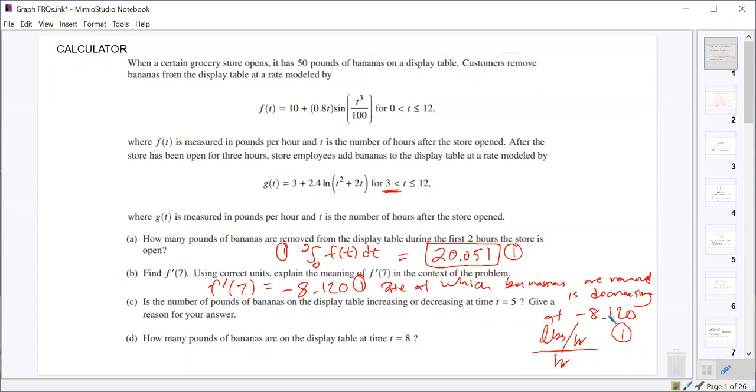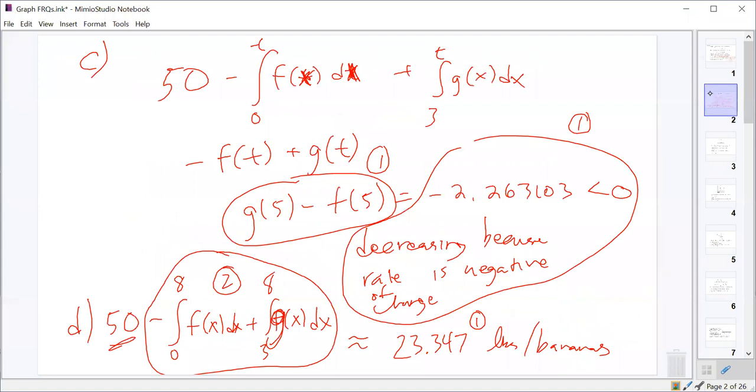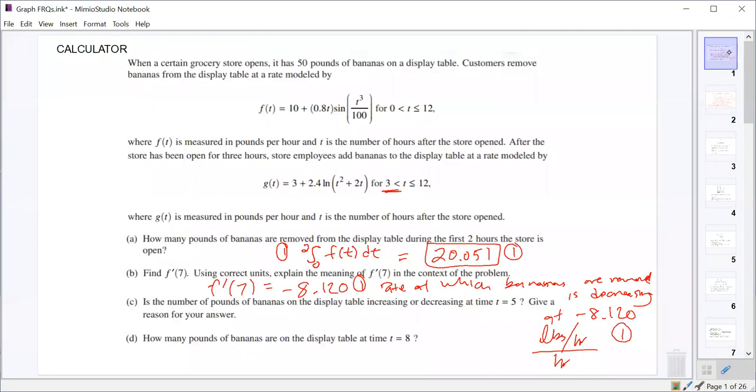For C, how come you didn't need to integrate, like use that 50 minus, but for D you did? C is asking if the number of pounds on the table is increasing or decreasing. To determine if something is increasing or decreasing, you take the derivative of the function that represents this thing.